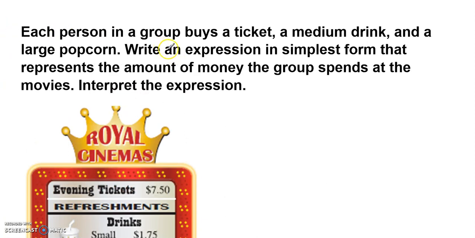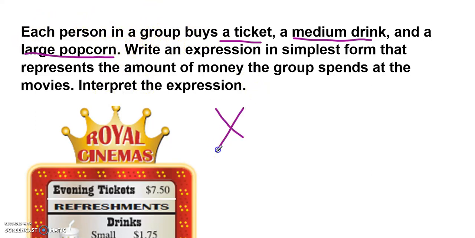Each person in a group buys a ticket, a medium drink, and a large popcorn. So they're going to buy a ticket, a medium drink, and a large popcorn. Write an expression in simplest form that represents the amount of money the group spends at the movies. Interpret the expression. Okay, so we literally have no idea how many people are in this group.